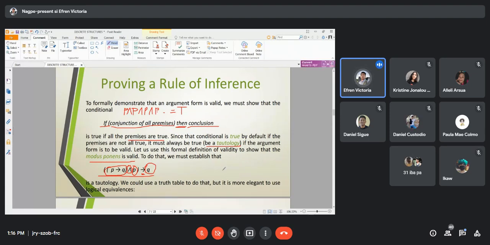So, we must establish that it is a tautology. We could use a truth table to do that, but it is more elegant to use logical equivalences. So, kahit alin sa dalawa, pwede kang gumamit ng truth table para lang ma-verify mo if the compound proposition or the argument is valid or not valid, or logical equivalences.